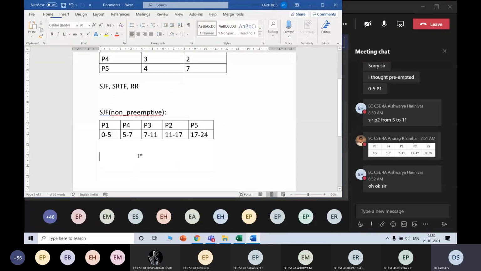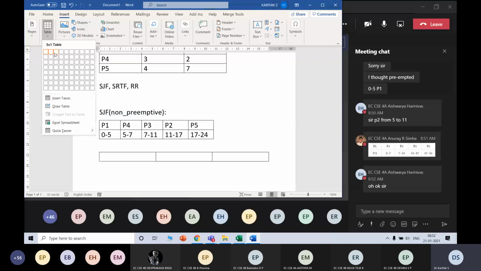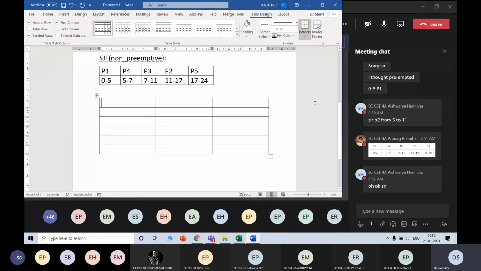Okay. Now let's talk about waiting time and turnaround time for every process. WT is waiting time, TAT is turnaround time. Let us see P1, P2, P3, P4 and P5. So what is the waiting time of P1?